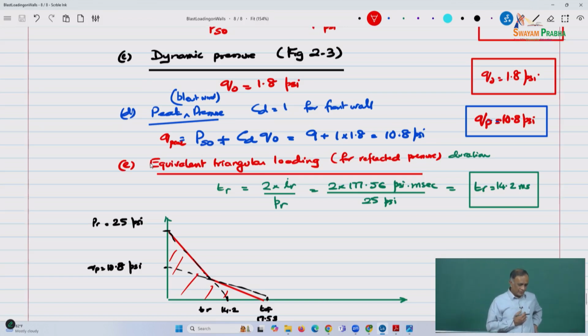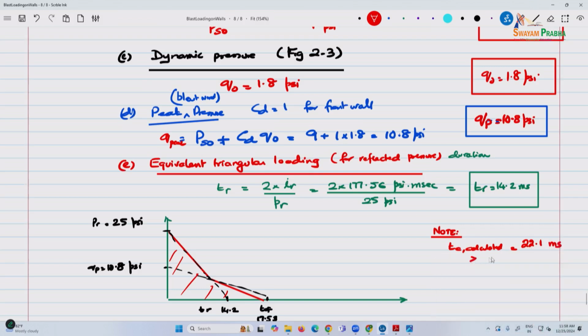Yeah, that's a question I get, and I don't know if I have a good answer for that. TC calculated is 22.1, which is greater than TOF.